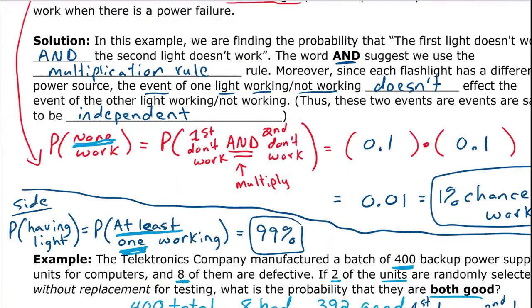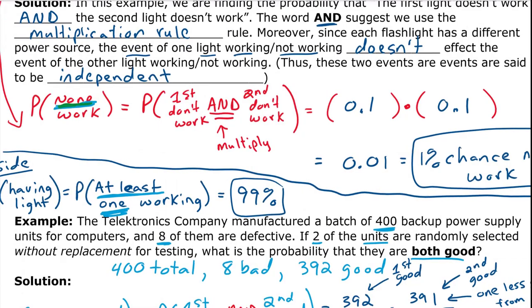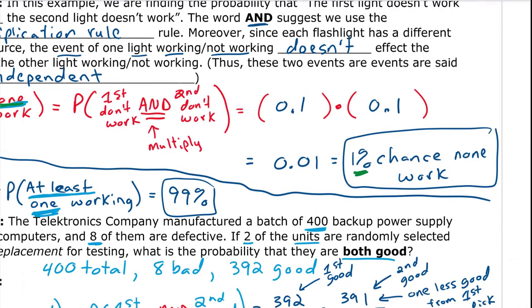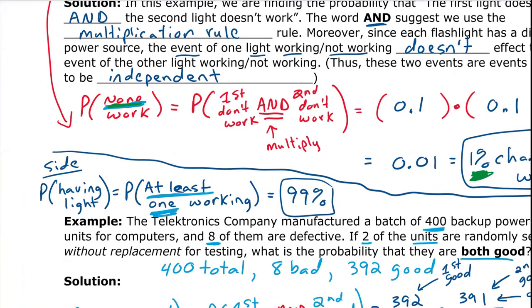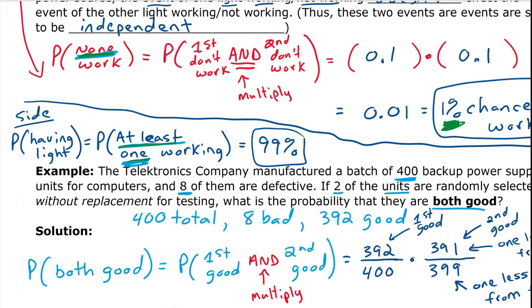And we said, what's the probability that none of them work? And we found that the probability of none was a 1% chance. Then I asked you a very similar question: what is the probability that at least one flashlight works, or that she has a light that works?